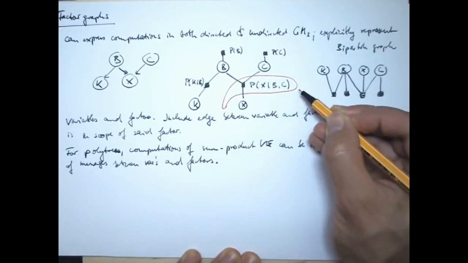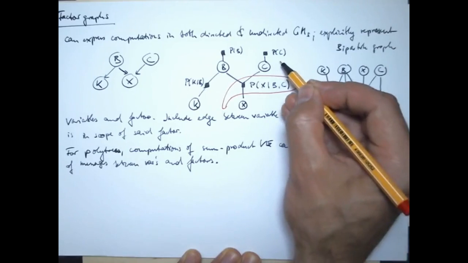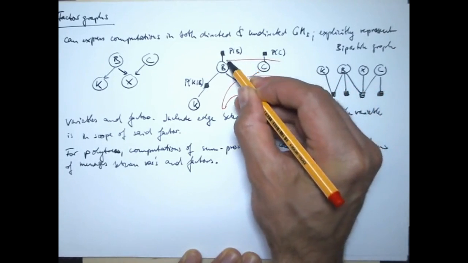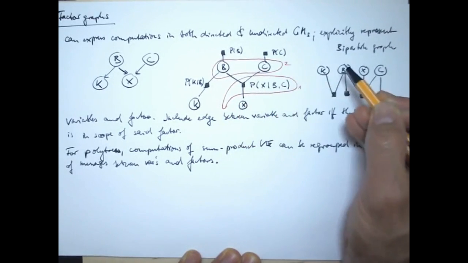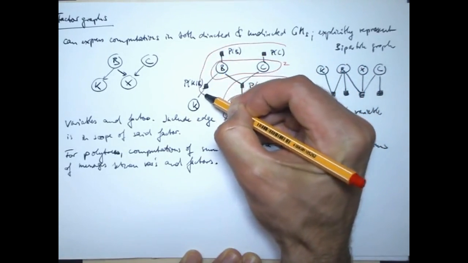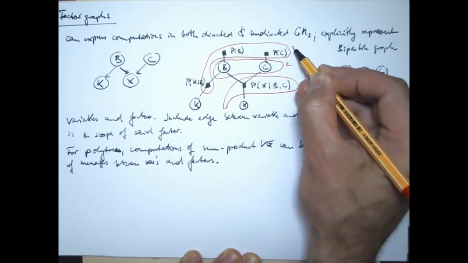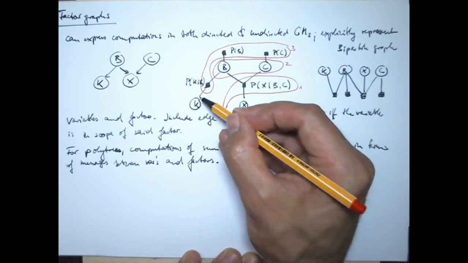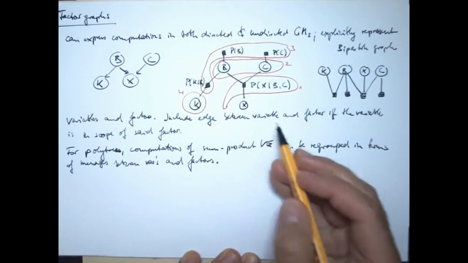So those are all the entities at a distance of 1. Then these are the entities at a distance of 2. The factors have a distance of 3. This variable has a distance of 4 from the root node.